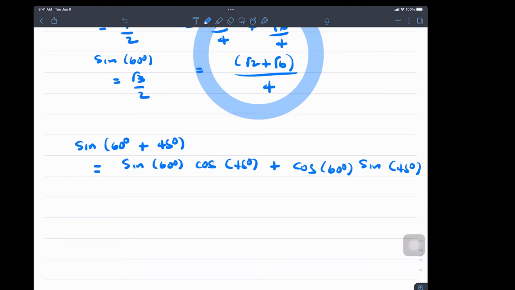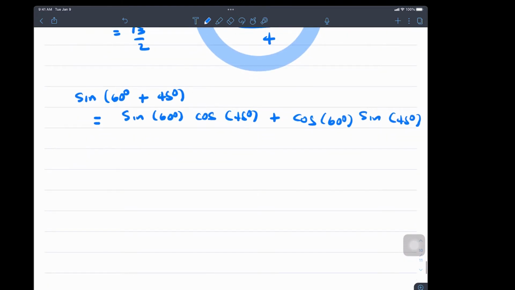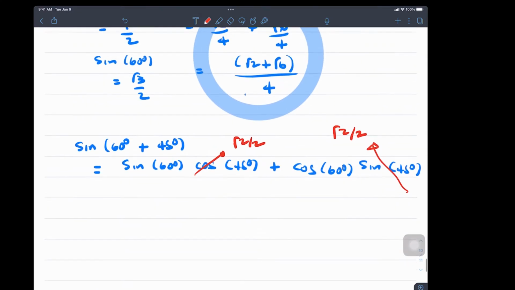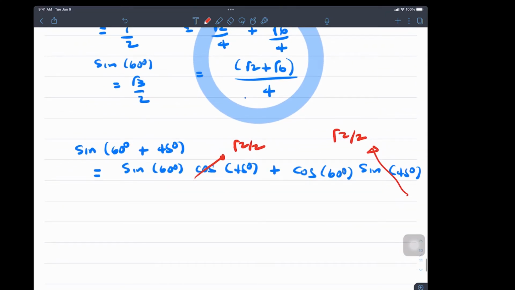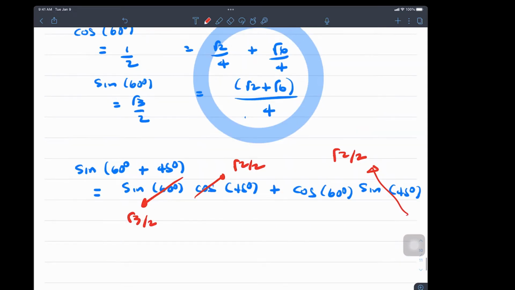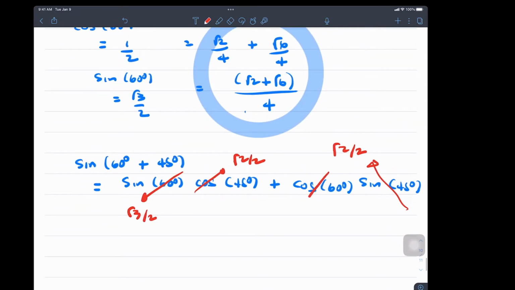Is that true? Now, remember, what do we always know about this? This is square root of 2 over 2. Is that right? And this one's going to be also what? Square root of 2 over 2. But now we need sine 60. Do we need sine 60? Oh, we got sine 60. What's this? And then what's cosine 60? 1 over 2.